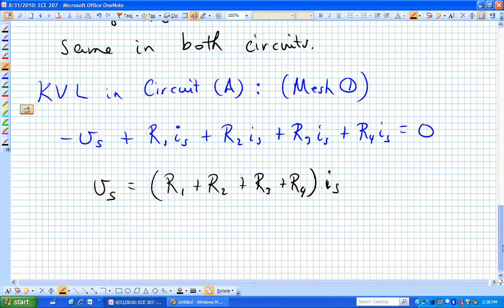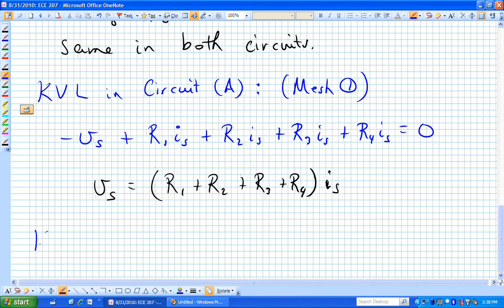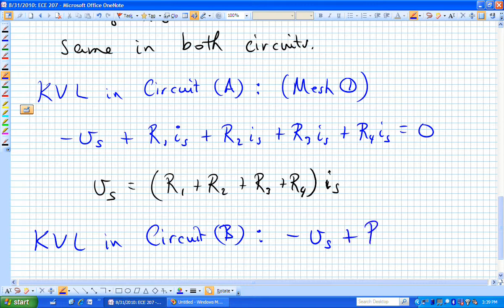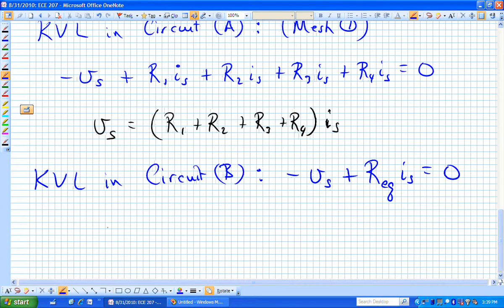If we do the same kind of analysis in circuit B, we have minus V sub s plus R equivalent I sub s is equal to 0. Or, rewriting that in a structure similar to the earlier equation for circuit A, V sub s is equal to R equivalent I sub s.